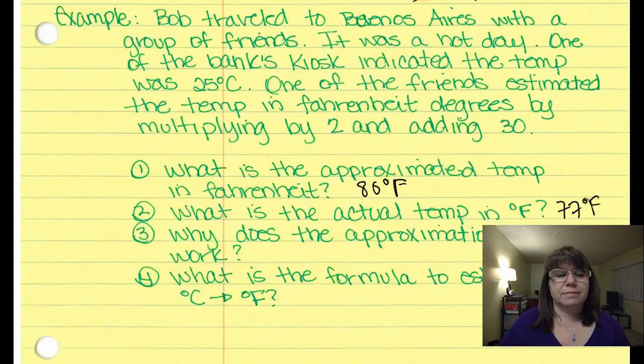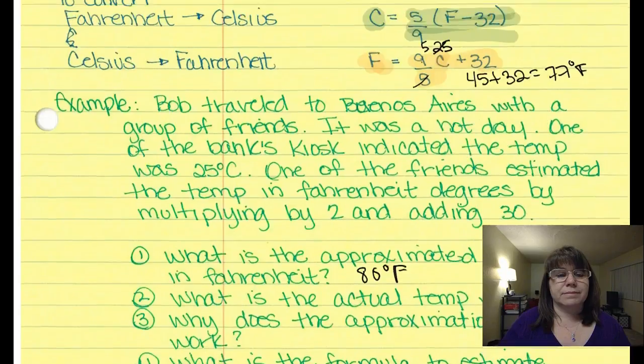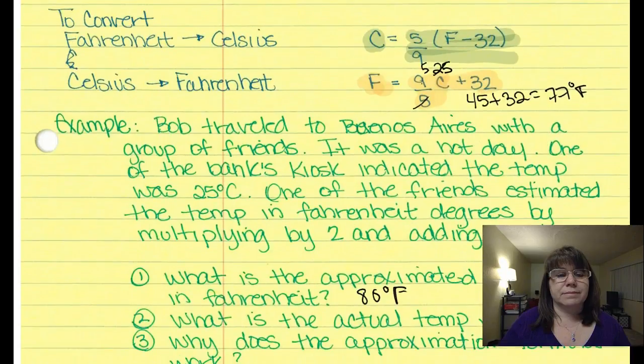So why does the approximation formula work so well? Okay. Well, if we take a look at the formula, let me erase some of my drawings here all over it. When we look at this, 9/5, when you think of that, that's really super close to 10/5, which is 2.